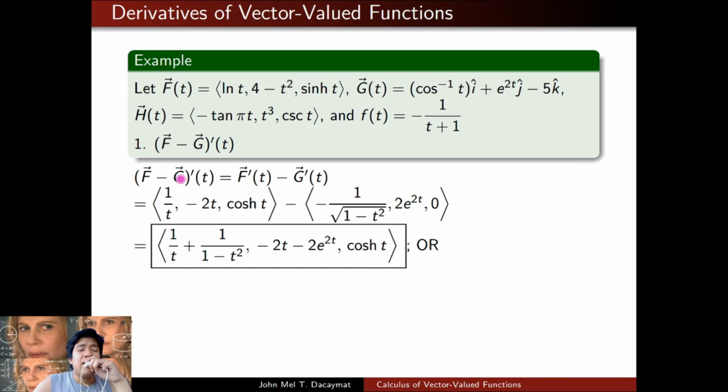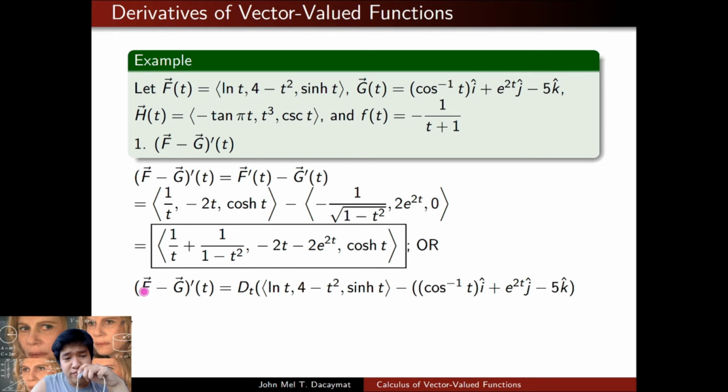Let's see if there's a big difference in the difficulty of the process. So I subtract first F minus G, then take the derivative. When I subtract, I get this for the first component: ln t minus cosine inverse of 4 minus t squared minus e to the 2t. Oops, t went down. It should be up top.